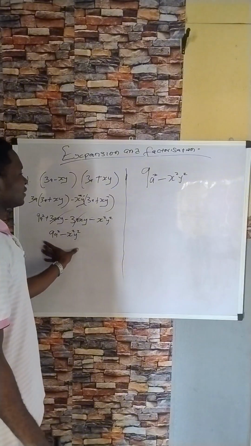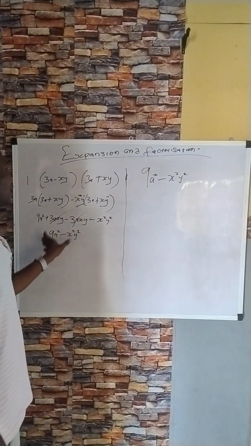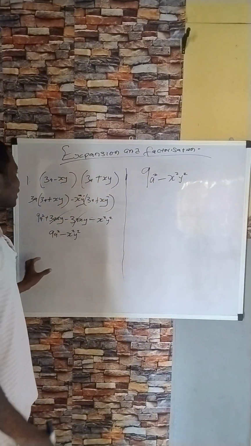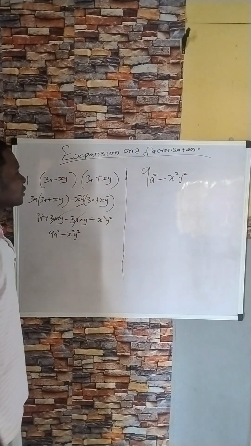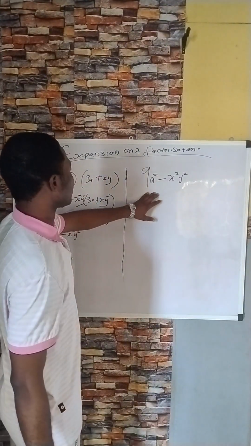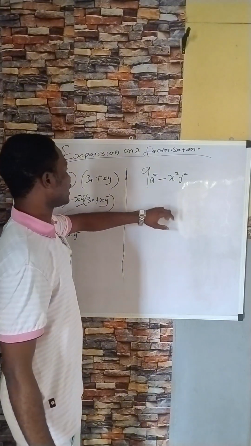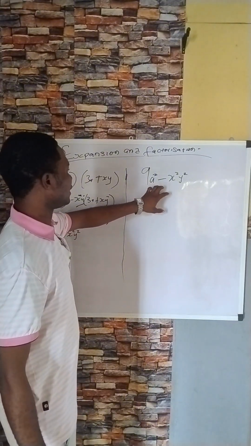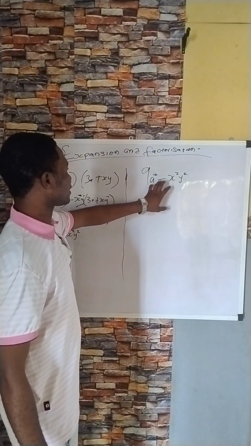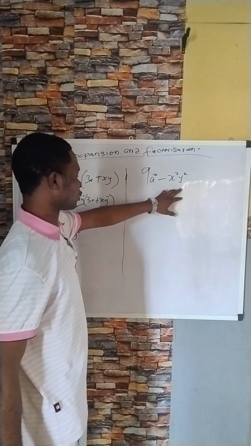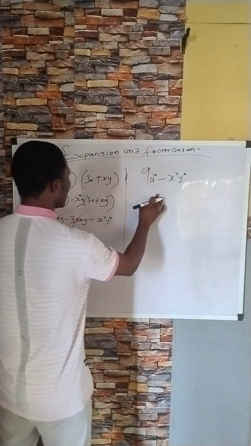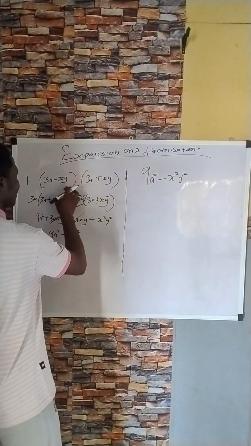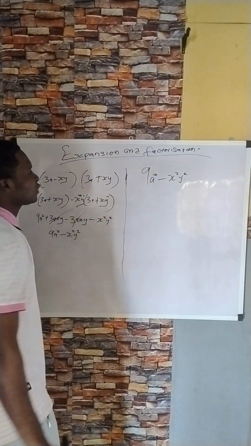Expansion means bringing the terms out of the bracket and simplifying to get the simplest form. Factorization, on the other hand, is to factor out the simplest terms contained in this expression and bring them inside the bracket, so that when multiplied, it returns us back to this. So how do we do that?